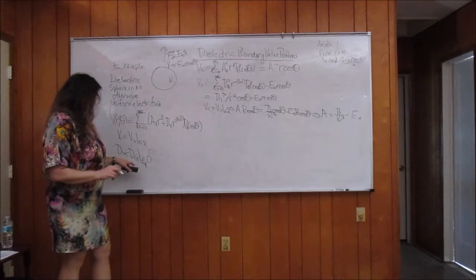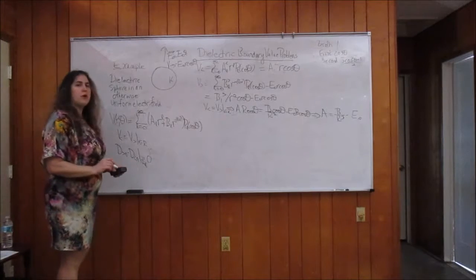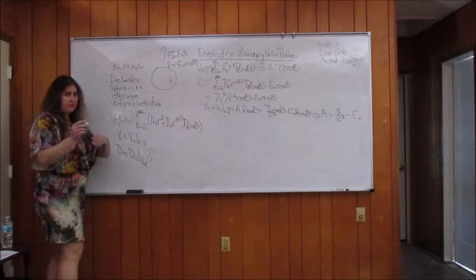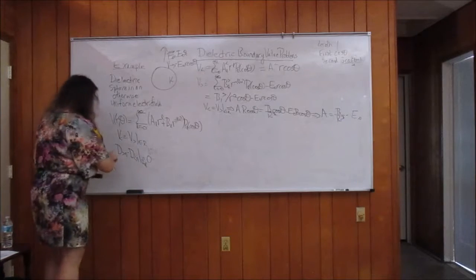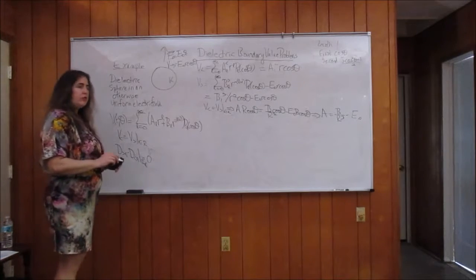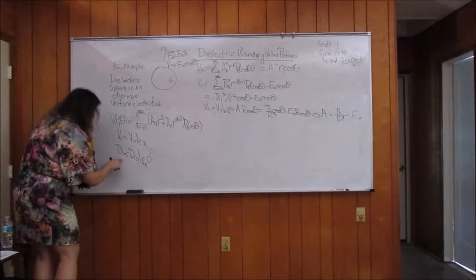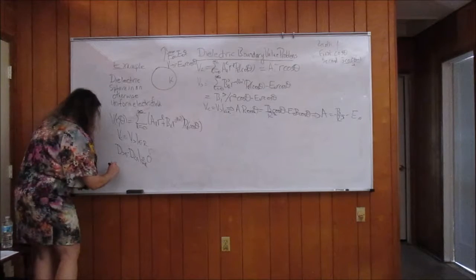Now I'm going to apply the condition that the normal component of the displacement field is continuous, in this case because there's no free charge, and certainly no free surface charge density. I can write this in terms of the electric field.